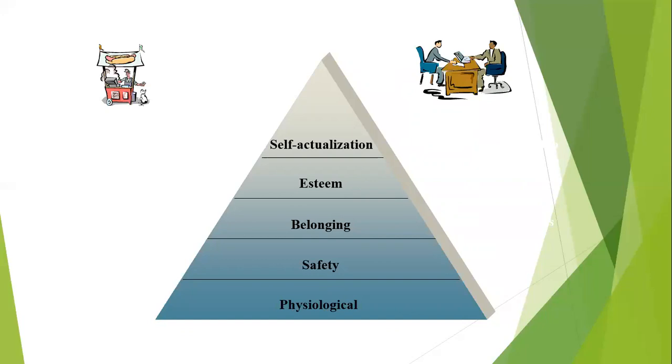Maslow made this pyramid shape, with several levels. To energize or motivate somebody, you have to provide him or her with the physiological needs, including shelter, food, and a good salary to live.